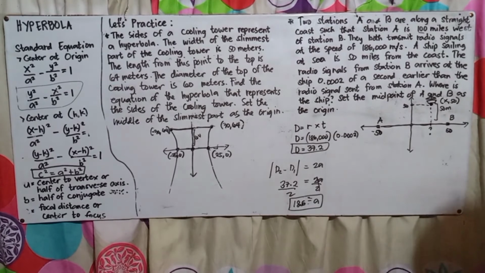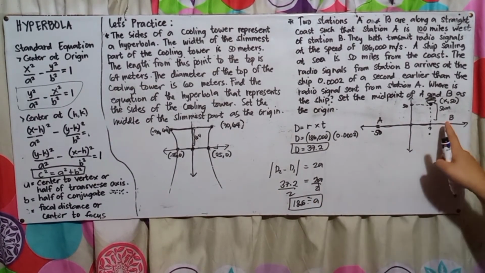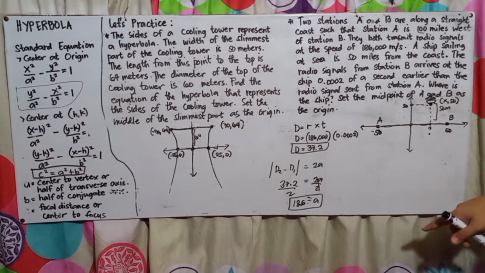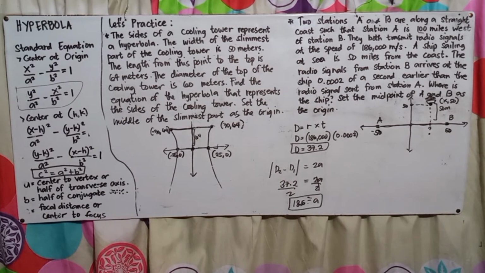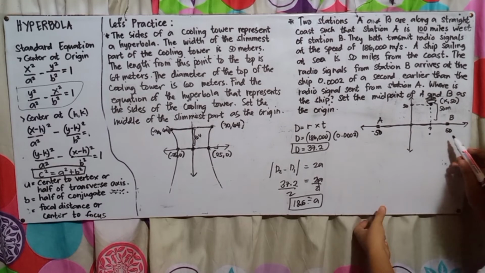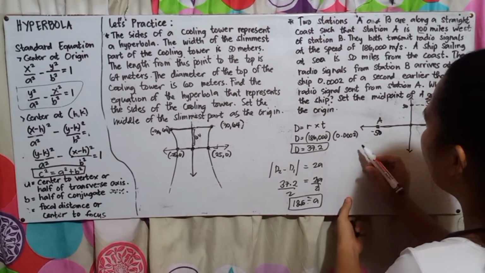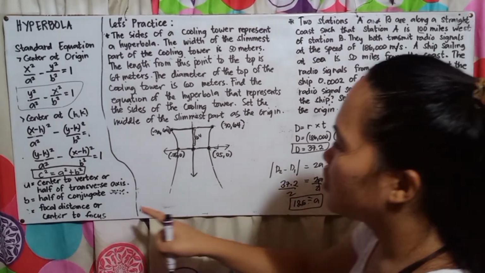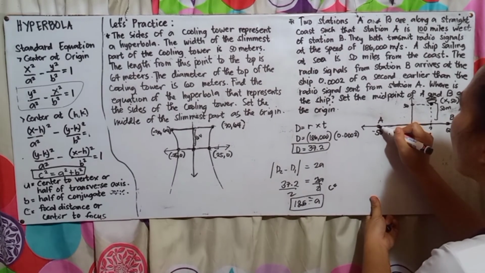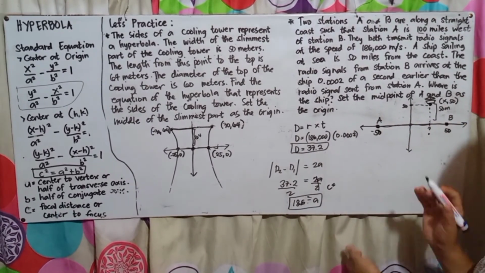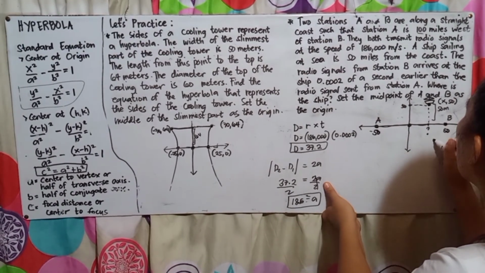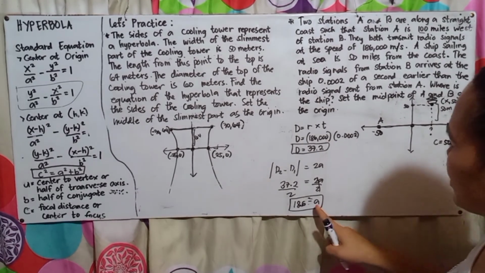Since we have a, our c is the center to focus. Since A and B are our foci, from the center to the focus, our c here is 50.